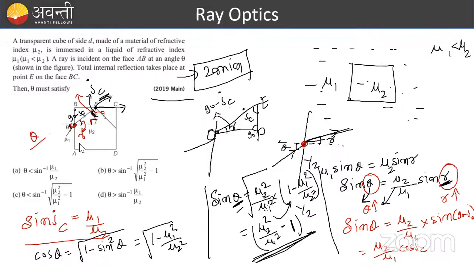This R will increase and this angle IC will decrease, becoming less than IC. Then internal reflection will not happen. So our theta should be less than sine inverse of root under μ2 square by μ1 square minus 1. Okay? So this should be your answer. I hope it is clear. If it is not clear, you can let me know.